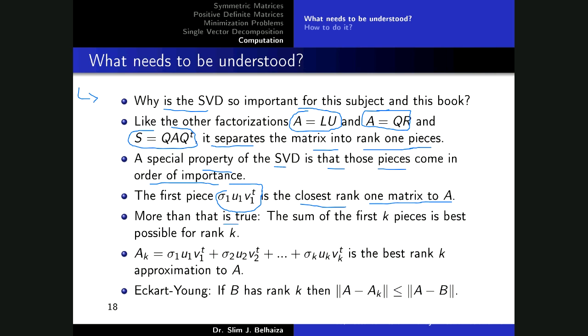The sum of the first k pieces is the best possible for rank k. So in general, A_k, the best possible rank k matrix, is approximated by the sum sigma 1 u1 v1 transpose up to sigma k uk vk transpose, which is the best rank k approximation to A.